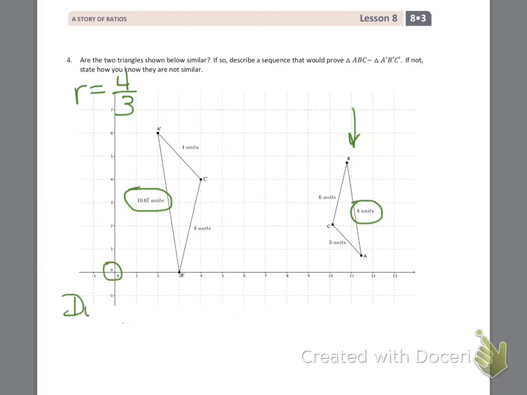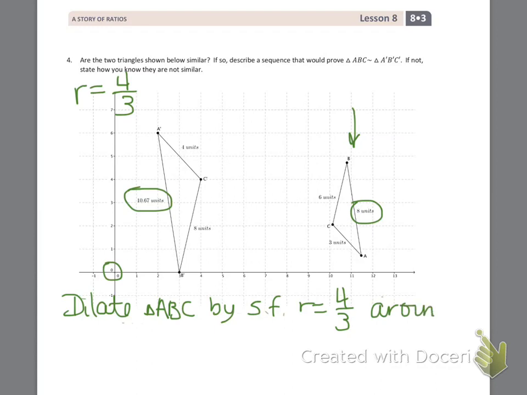So we're going to dilate triangle ABC by scale factor r equal 4/3 around center O. Okay, the origin. Okay, so that is our dilation.